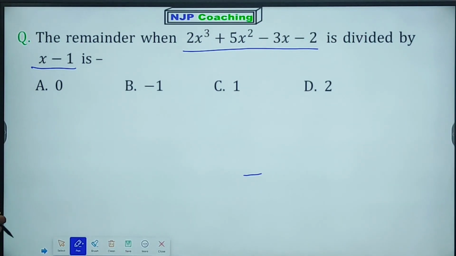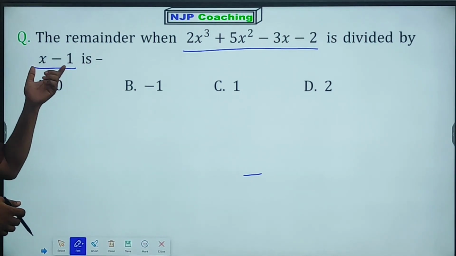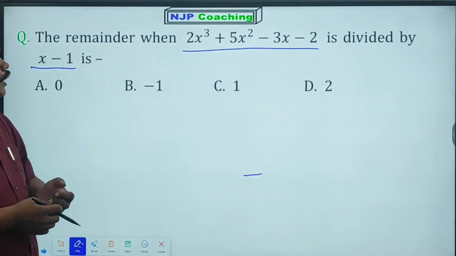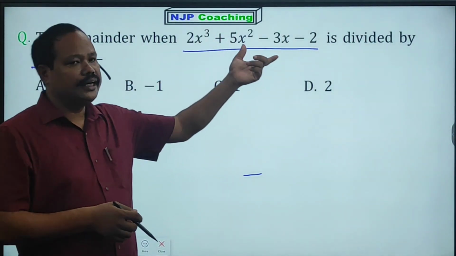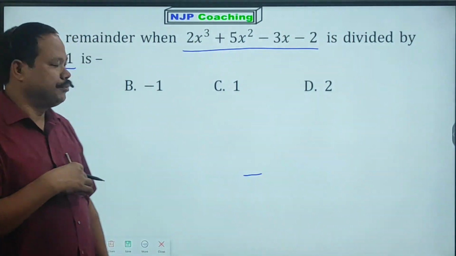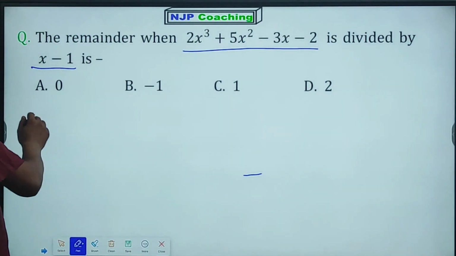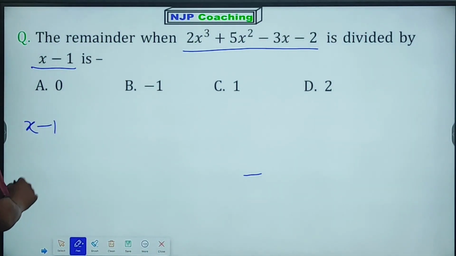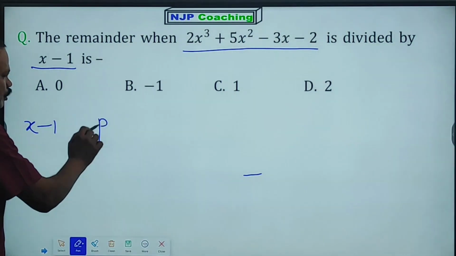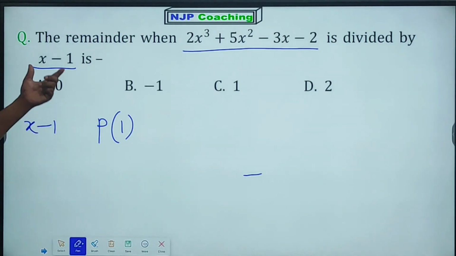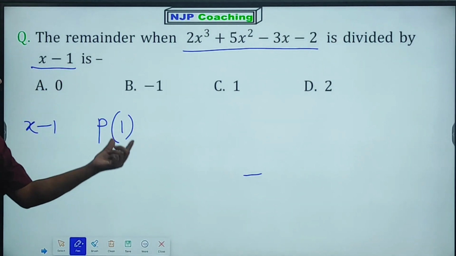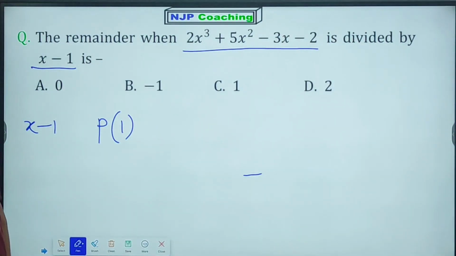Then we can find the remainder directly without dividing. So if the divisor is x minus 1, then P(1) will give the remainder. If the divisor is x plus 1, then P(minus 1) will give the remainder.